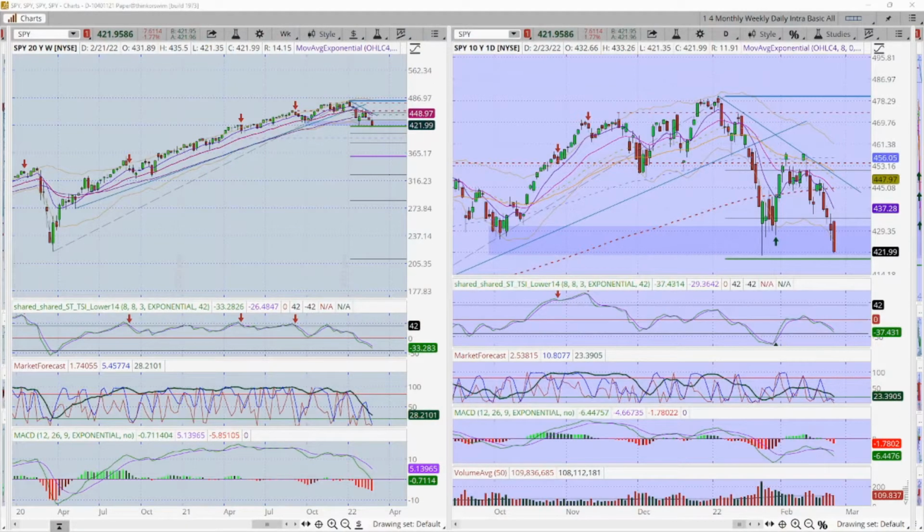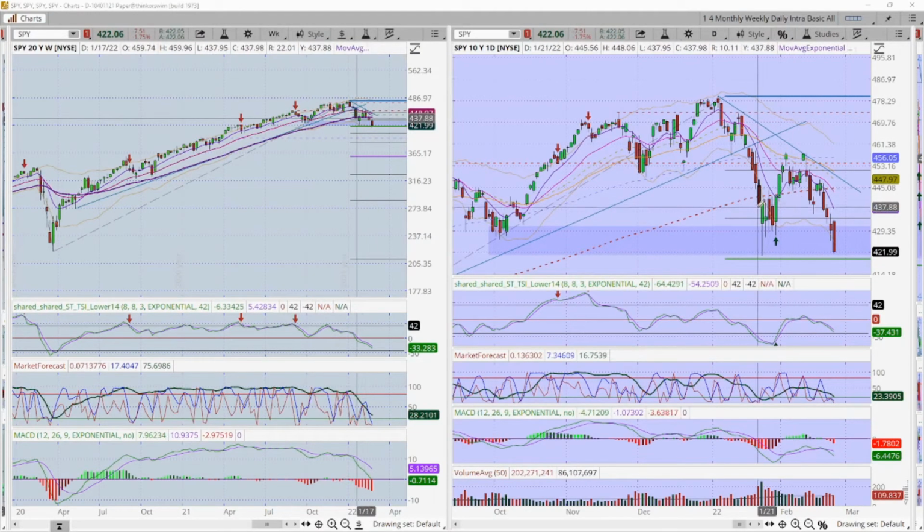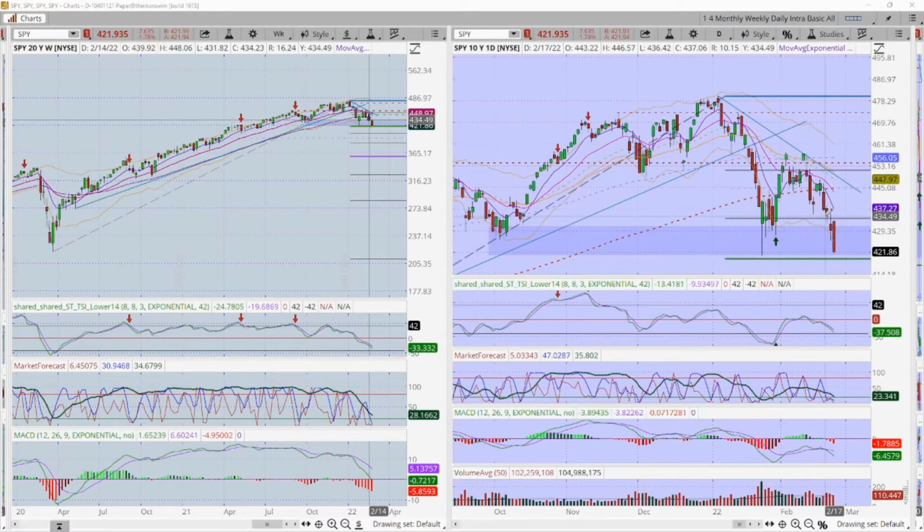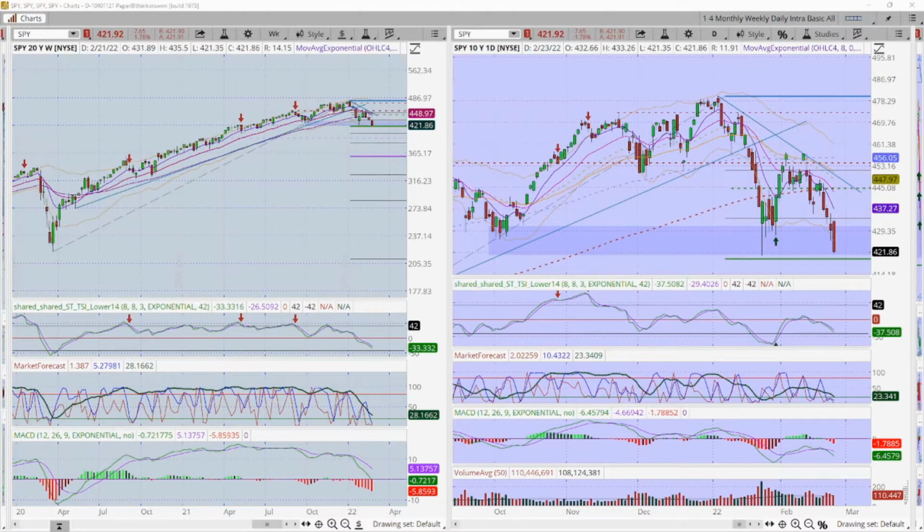So let's get started with the S&P. As you can see, S&P is coming back down and looking like it's going to retest the lows it set back on the 24th of January. It was really darn close to hitting those levels. We basically broke out the bottom. This was a very classic move.